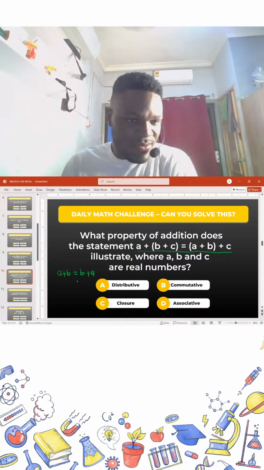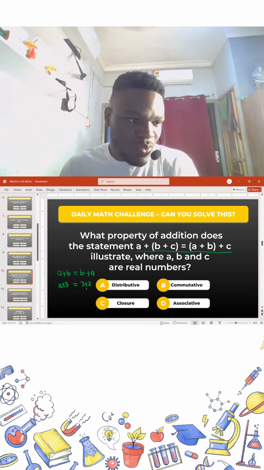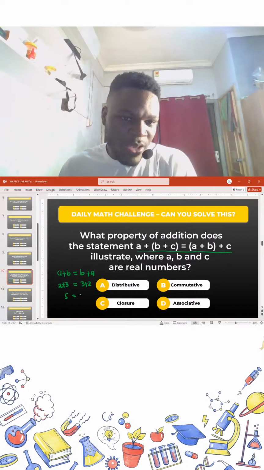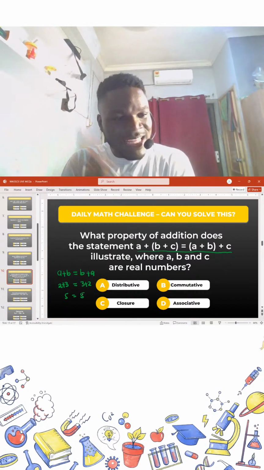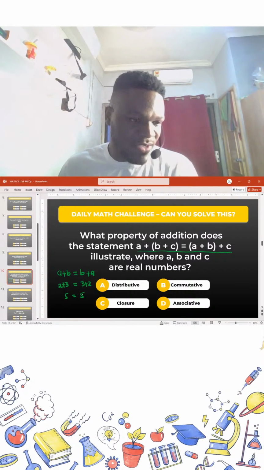For instance, 2 plus 3 should be equal to 3 plus 2. 2 plus 3 gives me 5, and 3 plus 2 also gives me 5. So if I can interchange their positions and still get the same result, then we call it commutativity.